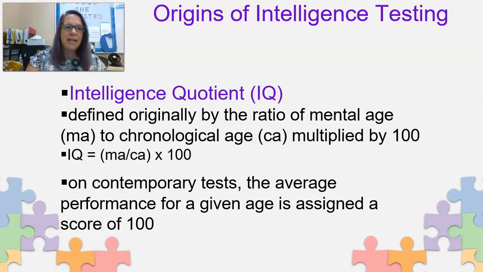So if you take an intelligence test and you have a score of 100, that means that you score in the average area for your age. It is important that you know this equation. You will have to be able to use it.